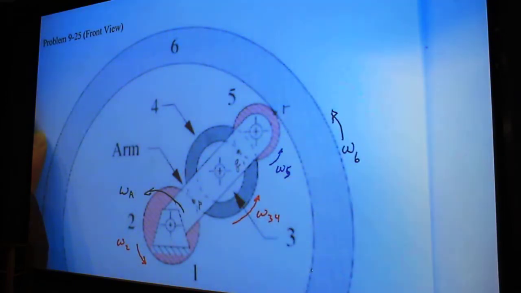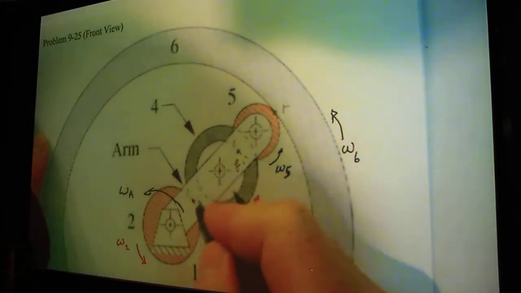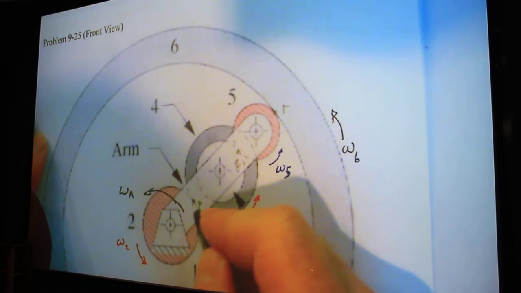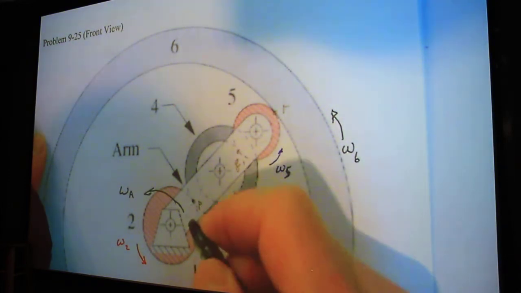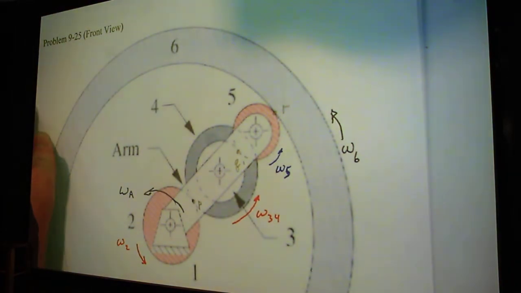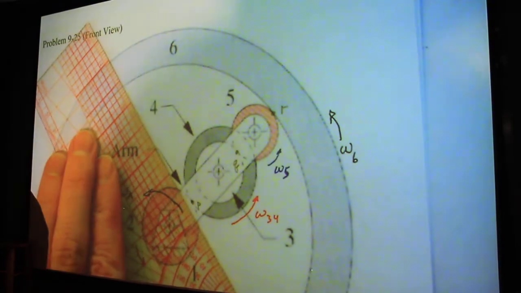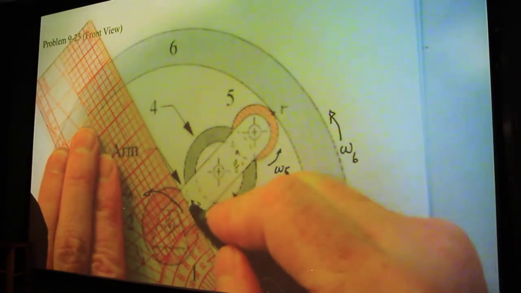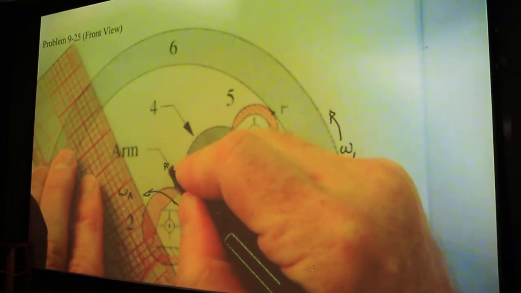All right. So now let's see what's going on at each of these pitch points. So at this pitch point here, just on this side of this pitch point, I have this velocity vector here.